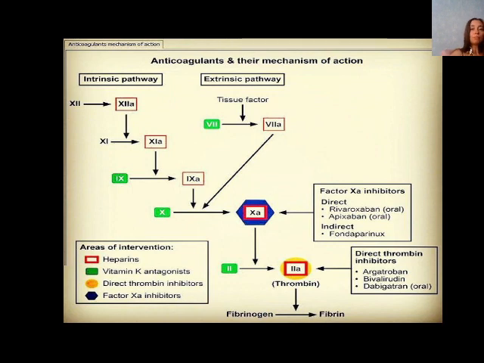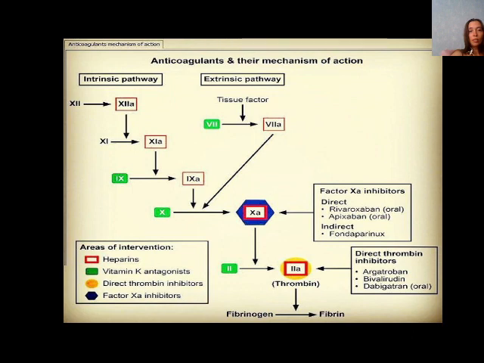Firstly, you see factors of coagulation on the cascade reaction of clotting, and here you see two ways: intrinsic pathway and extrinsic pathway. So factor 12 should convert to 12A, then due to 12A, 11 converts to 11A, and then it's like a cascade reaction. So what about mainly heparin?